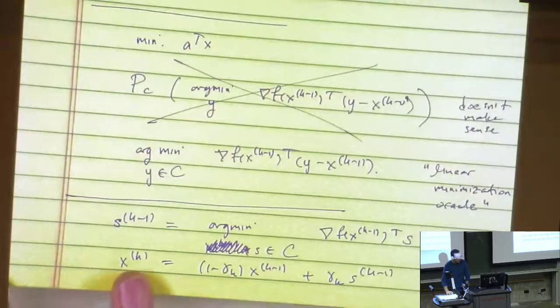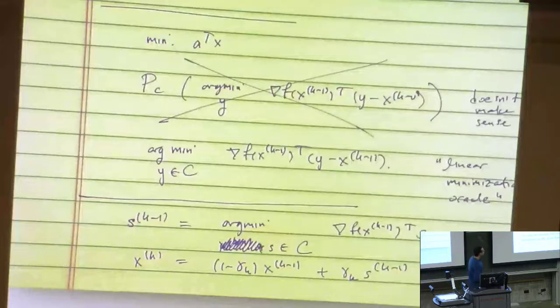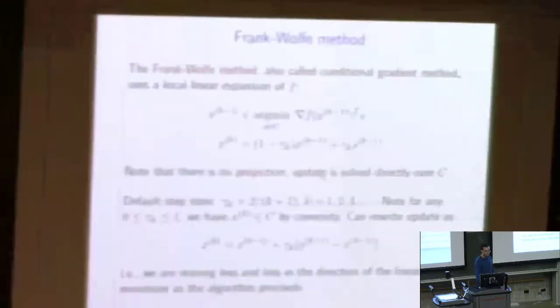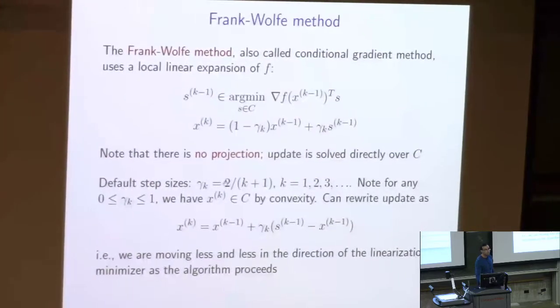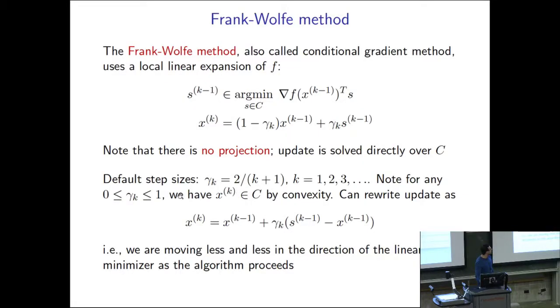So there's no projection. The update is solved directly over the constraint set C, and there is actually a default choice for the weights in this convex combination, and that's 2 over k plus 1. That choice is made in order to facilitate the proof. The proof that this converges and has a certain rate is very simple with this. It's not the only choice. I'll come back to this a bit later.